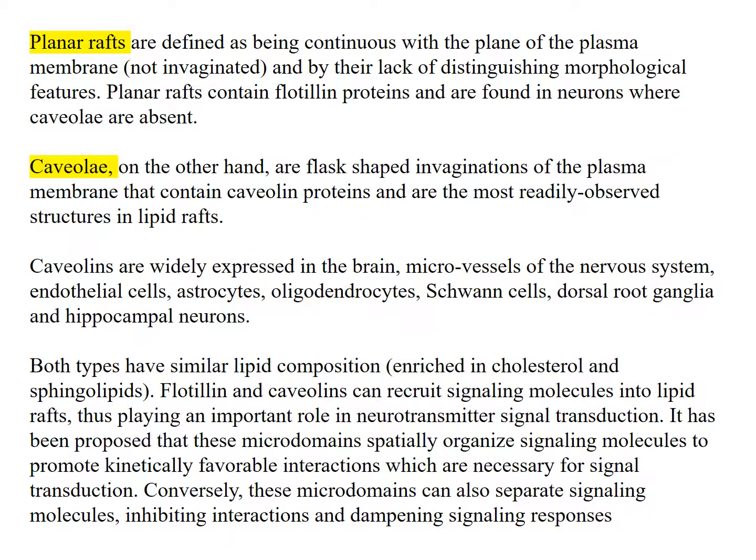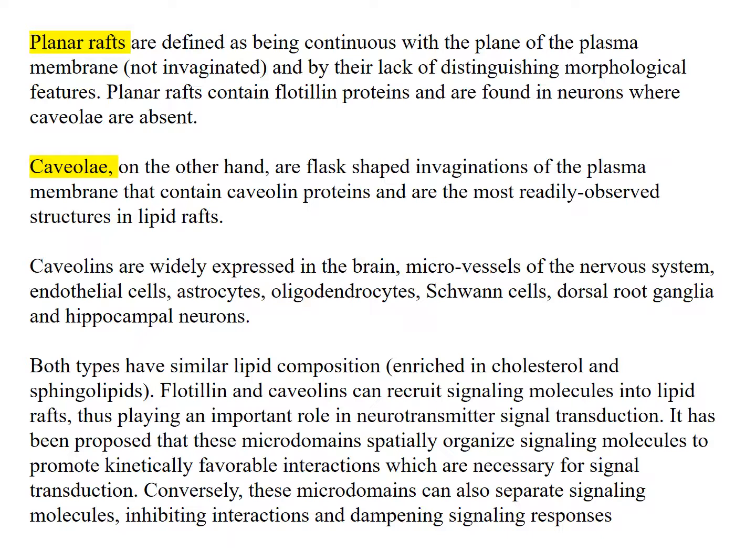And planar rafts are defined as continuous. They're not invaginated, and you really can't see them, but they do have a specialized protein called flotillin. And when there's no caveolin, they tend to find these planar rafts with flotillin protein.